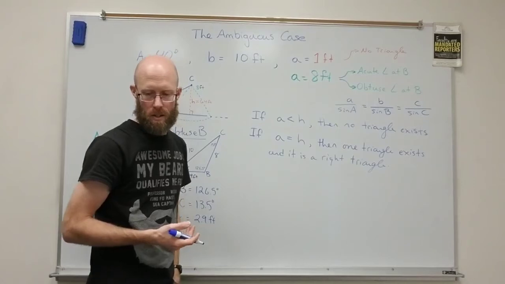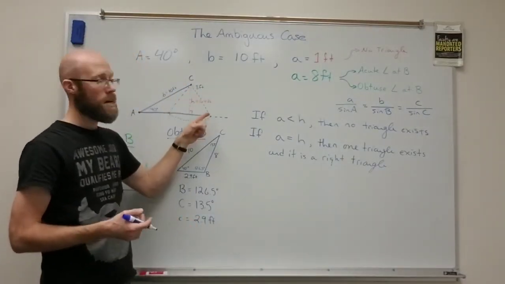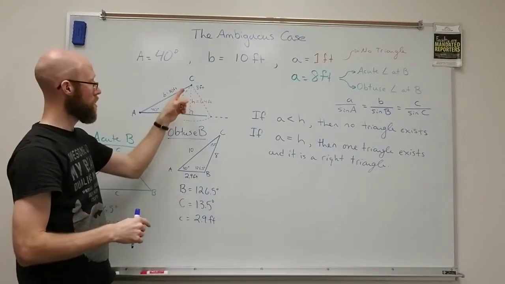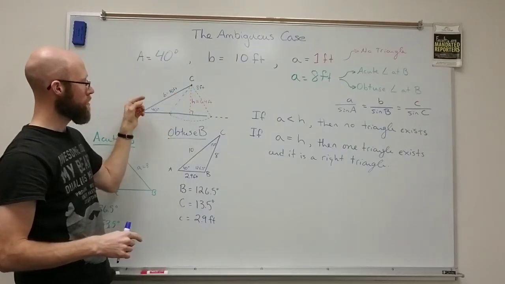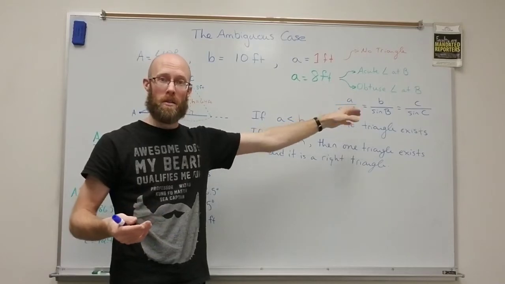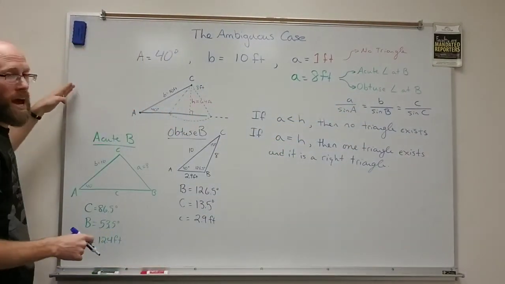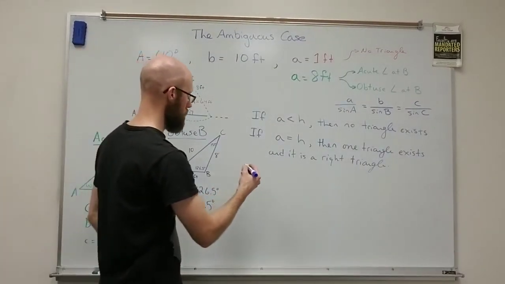In the event that A, this other side here, is actually longer than B as well. It's not only longer than H, but also longer than B. Then it's going to come way out here. There's only going to be one triangle, and it's a big triangle, right? If you tried to swing it the other way, it would go outside the triangle, and it wouldn't exist. So there's only one option.